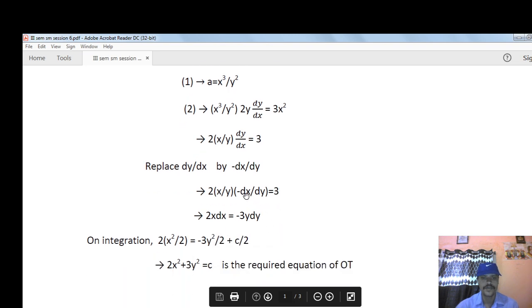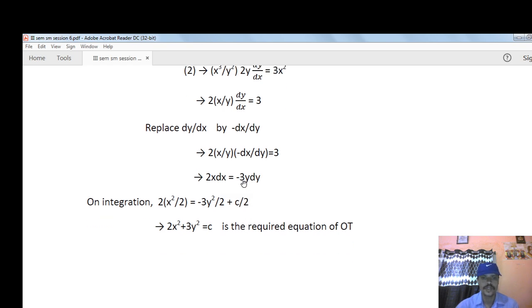And this is a first order and first degree differential equation in x and y, where x is the dependent variable and y is the independent variable. Now we have to solve this equation. We can solve this equation just by separating the variables. Separate the variables: 2x into dx is equal to minus 3y into dy.